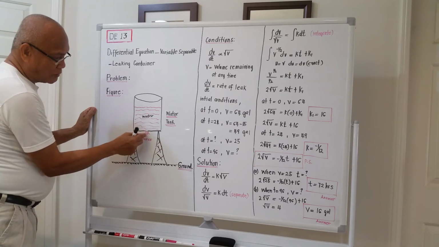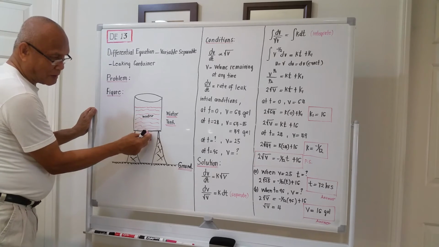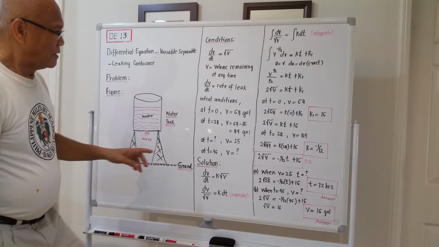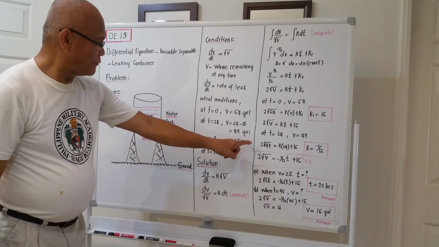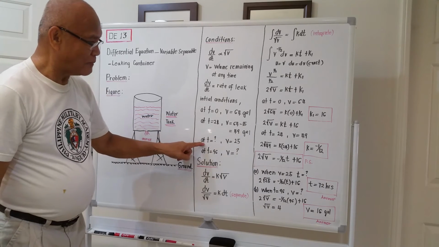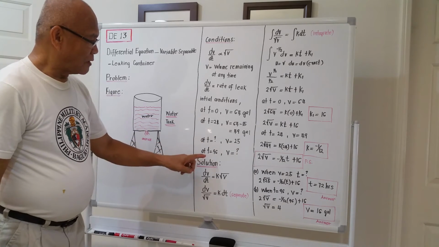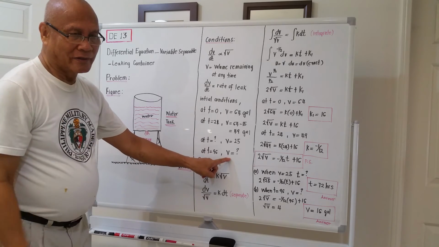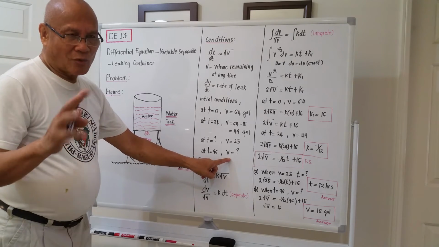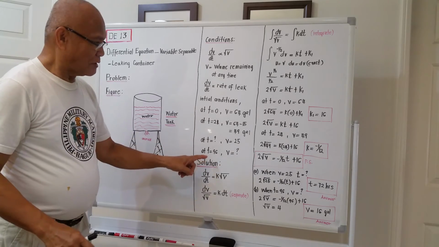Water is leaking out of the orifice at the bottom of the water tank. So the question is, when the volume inside is 25 gallons, how much time will pass by? And after 96 hours, how much is the volume remaining inside the tank? Is there still water inside the tank after 96 hours?